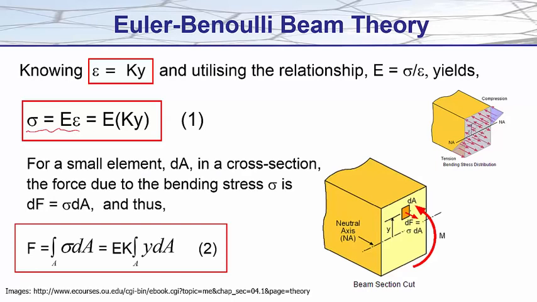Now for a small element here, dA, in a cross-section, force due to the bending stress, dF, will of course be equal to the stress acting on dA. And if we want to know the value of the force acting on the cross-sectional area, that's equal to the integral of the stress acting on our area. And instead of stress now, we can write our newfound expression, Young's modulus times curvature times y.